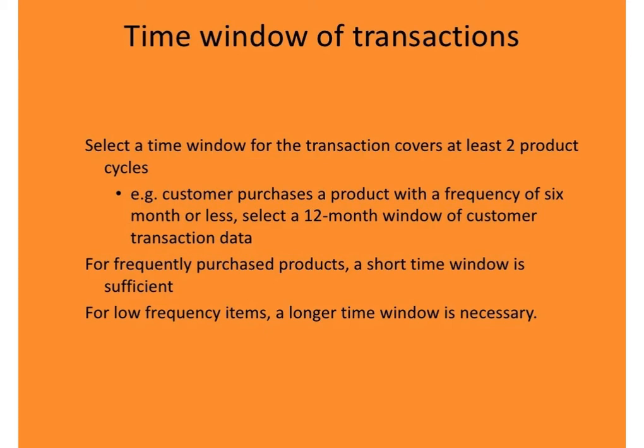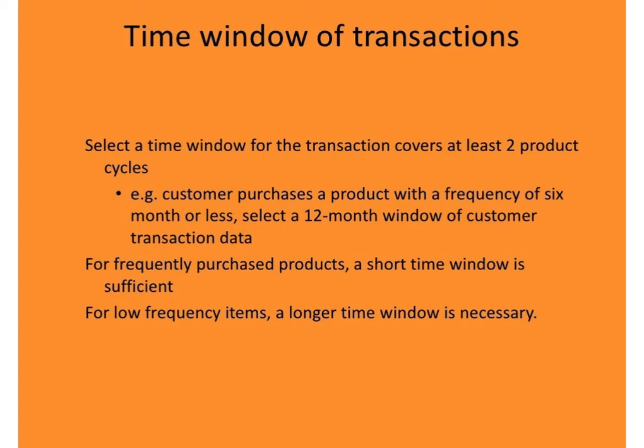We are assuming that the customer will purchase the product every 6 months. If a customer purchases the product frequently, you will require only a short time window. For low frequency items, for example 6 months or 1 year, you will have a longer time window.